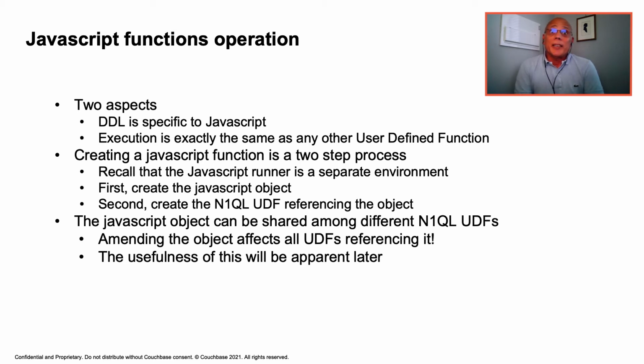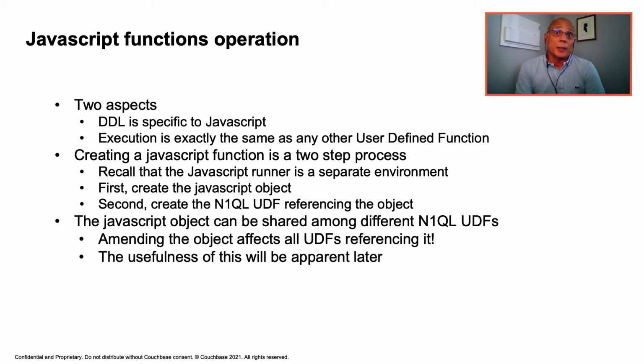So, as we were saying, since JavaScript is an external language, when you create a JavaScript function, you have to follow a two-step process. The first thing is you have to create the JavaScript object. So you have to create a JavaScript library which contains a JavaScript function which has got a specific name. Once you've done that and the object is available, you can then create the Nickel user-defined function.